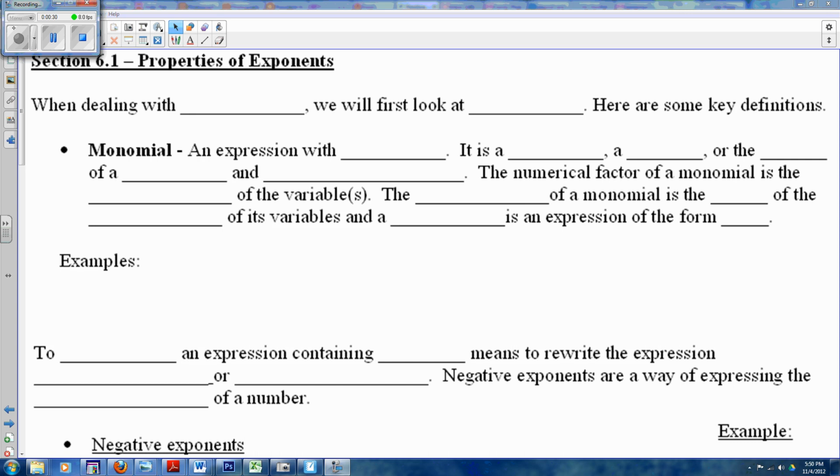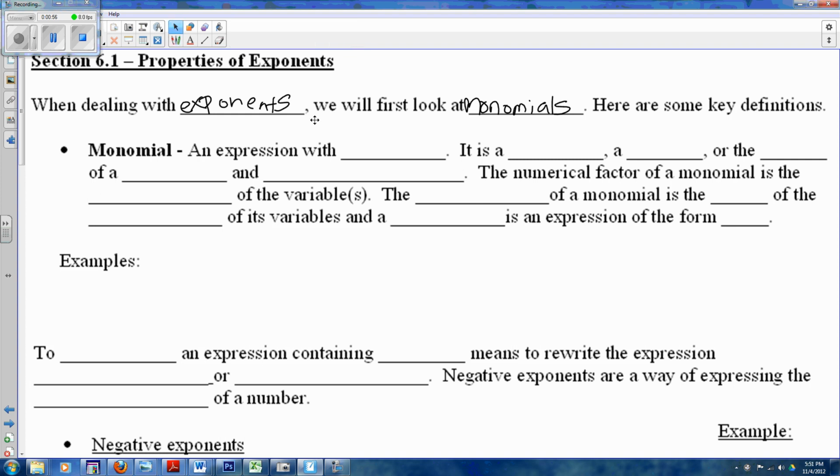Okay, when dealing with exponents, we will first look at monomials. Here are some key definitions. Okay, so a monomial is an expression with one term.